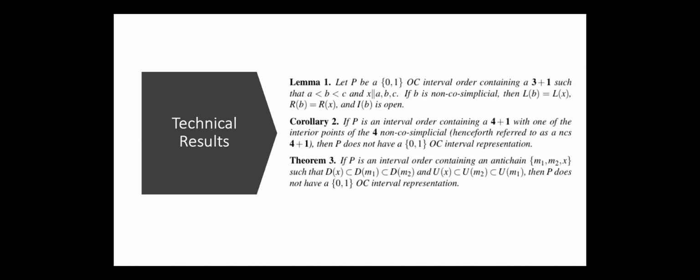Both the corollary and the theorem will be emphasized on this slide. So those three important results, the lemma, the corollary, and the theorem, give us this set of forbidden posets. And the corollary gives us these top four. You'll notice those have a similar look about them.